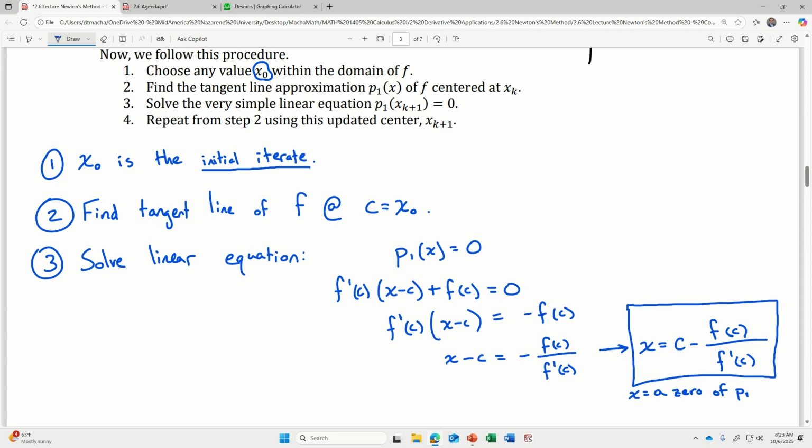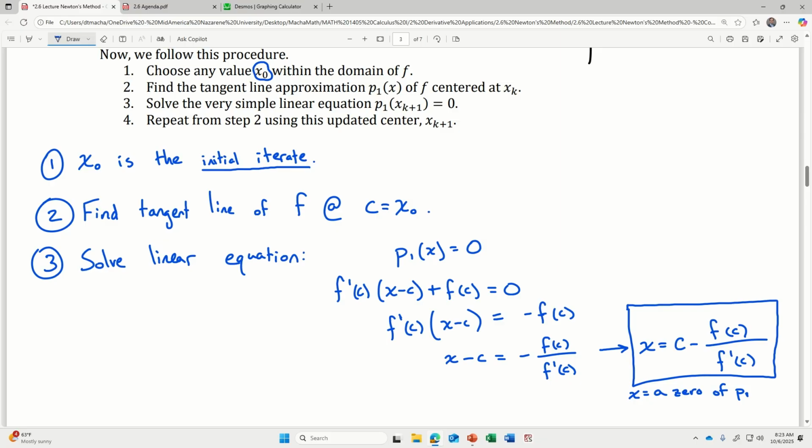And what I have to do is take the place where I'm centering my tangent line approximation, take f of c, divide by f prime of c, and then take c minus whatever that ratio is, and that will give me a 0, the place where my tangent line approximation crosses the x-axis.